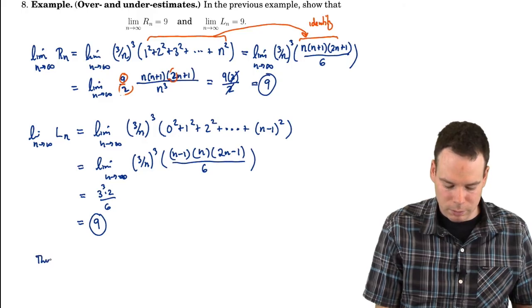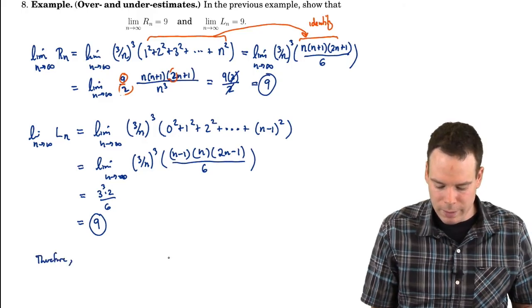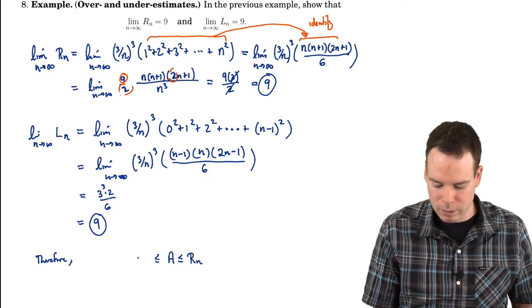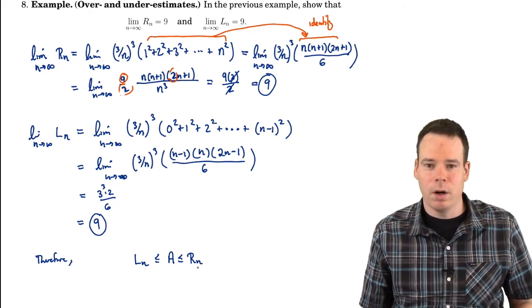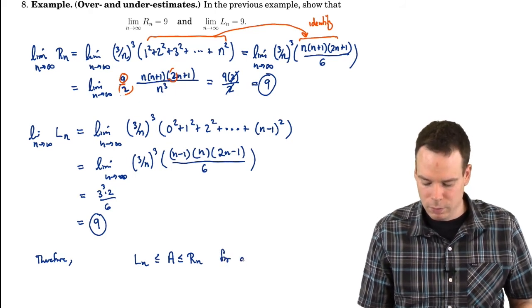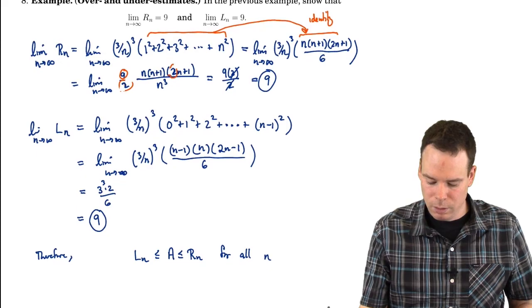So therefore, we have that the area, which is always trapped between Ln and Rn for all n. What does that mean?